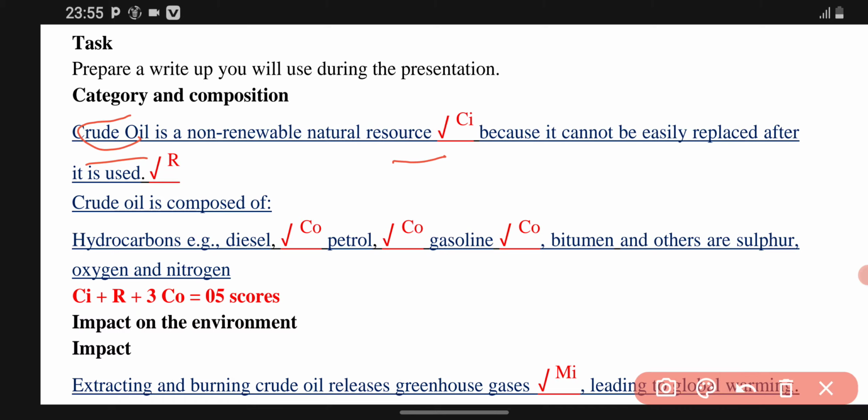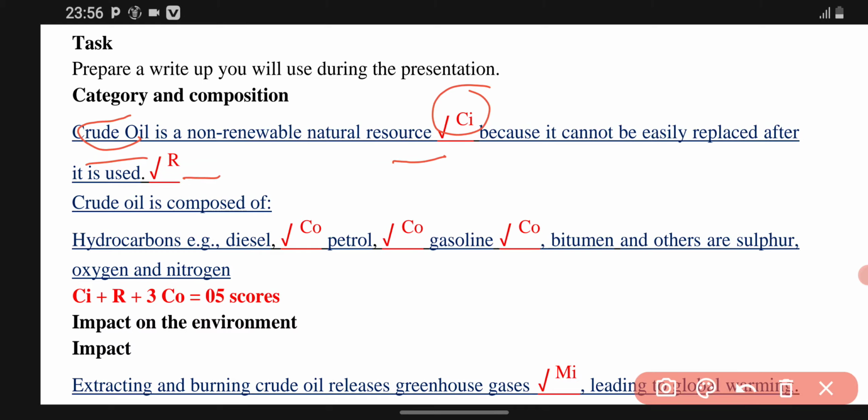You have identified the category. You get, that's why they have given you CIE. That's the first mark. Because it cannot be easily replaced after it is used. Now R is the reason. You get. So look at that. Oh, chemistry is beautiful. Just look at that. You get. The point is brief but on point with its explanation.